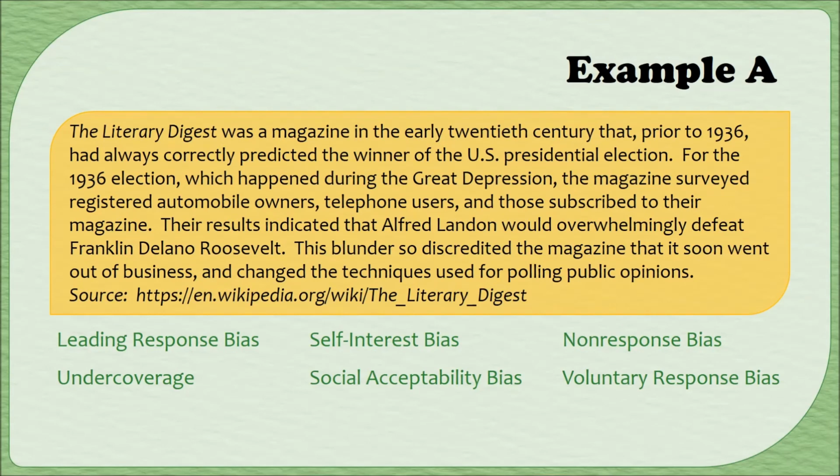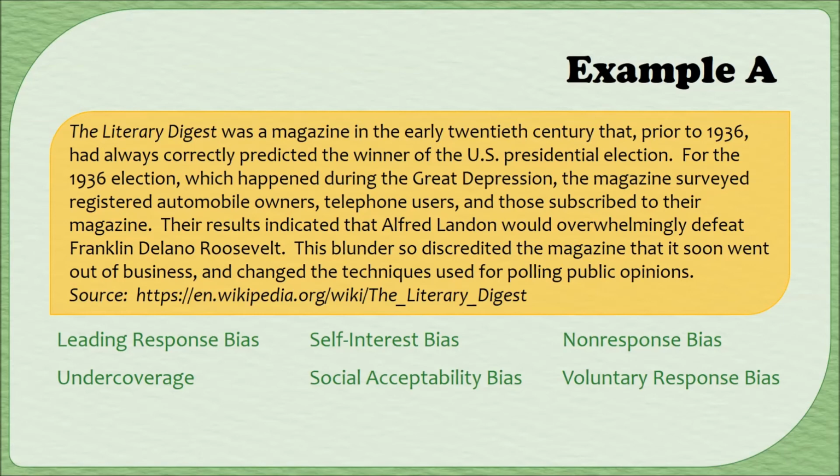Example A. The Literary Digest was a magazine in the early 20th century that, prior to 1936, had always correctly predicted the winner of the US presidential election. For the 1936 election, which happened during the Great Depression, the magazine surveyed registered automobile owners, telephone users, and those subscribed to their magazine. Their results indicated that Alfred Landon would overwhelmingly defeat FDR.